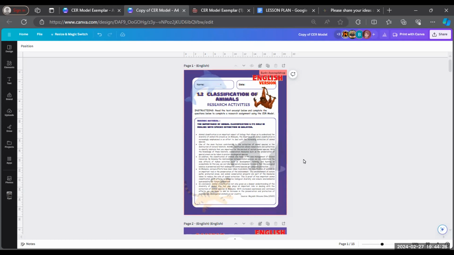The task requires you to identify whether the statements belong to claim, evidence, or reasoning. Okay, do you get it? All right, very good. And the last one is, for this task, you may do it in 10 minutes. And after that, we'll discuss it with your friends in the classroom. Okay, so is it okay, class?